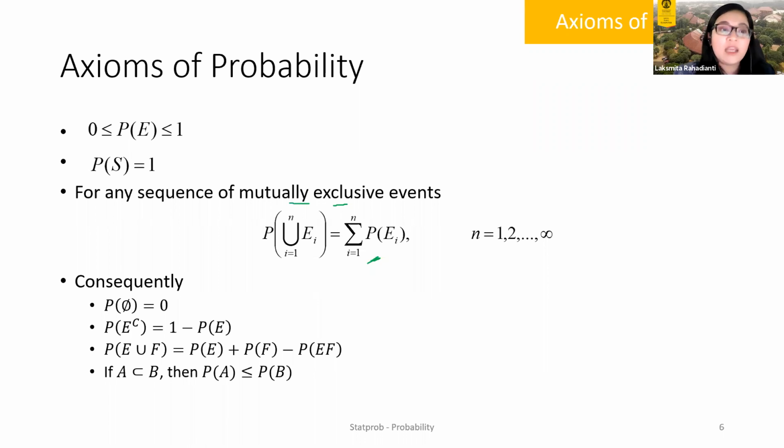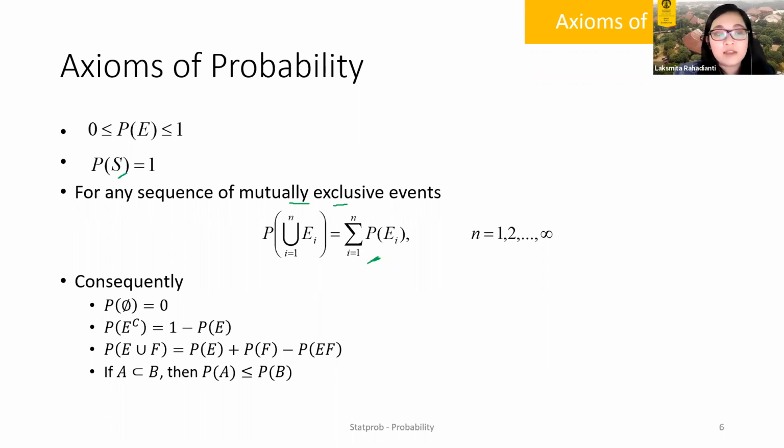So consequently, if we're talking about an empty set, the probability will be 0. If we're talking about a complement, it will be 1 minus the event, because everything else combined with the event E will constitute the sample space, and thus it should be equal to 1.